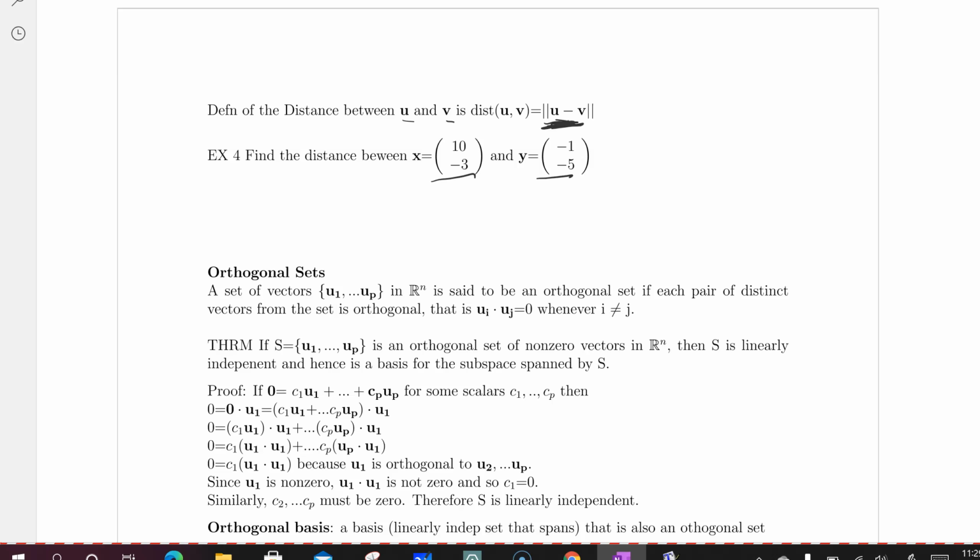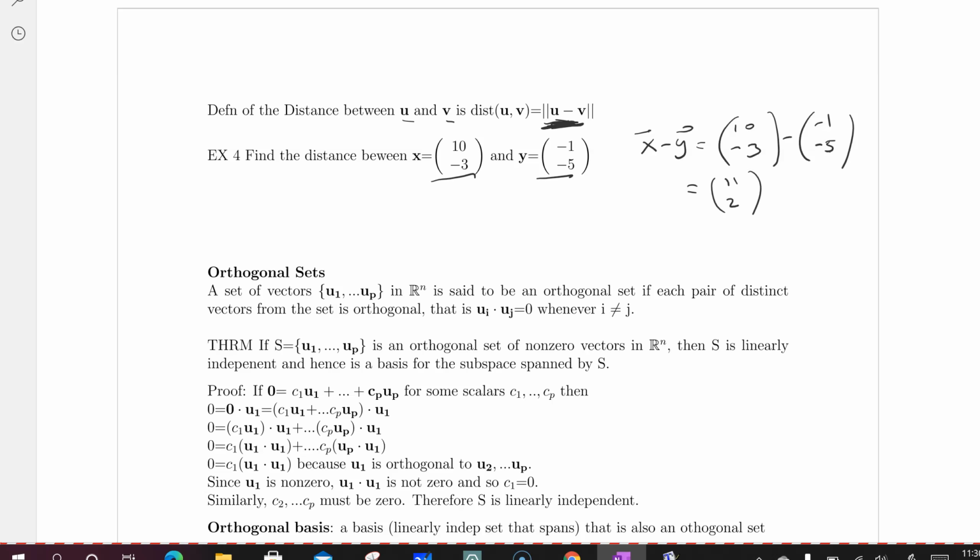So if I'm trying to find the distance between x and y, I first want to find the vector x minus y. I'm just going to go slow so I don't make any mistakes. I'm sure I still will, but let's try not to. So 10 plus 1 is 11, negative 3 plus 5 is 2, so that's my vector x minus y.